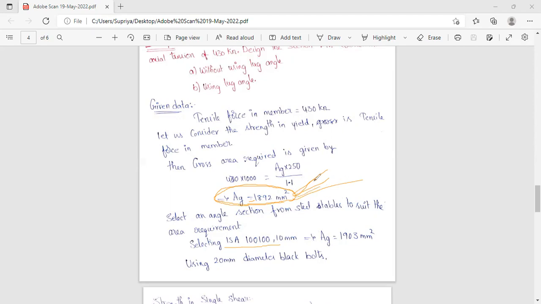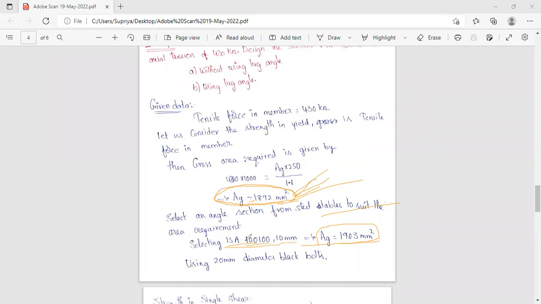Okay, so after seeing the tables I got ISA 100 100 10 mm, which has a gross area of 1903 mm square, which is more than 1892 mm square. There is no angle section with exactly 1892 mm square. So I got the angle section with the area of 1903 mm square, and that angle is 100 into 100 into 10 mm.